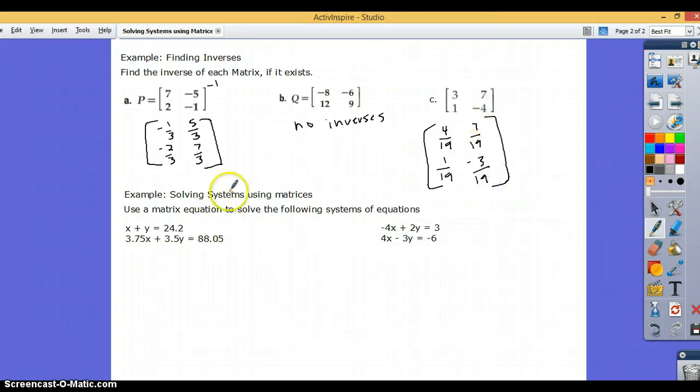Alright, how are we going to use all of this to solve these systems? Well, we have what we call a matrix equation.